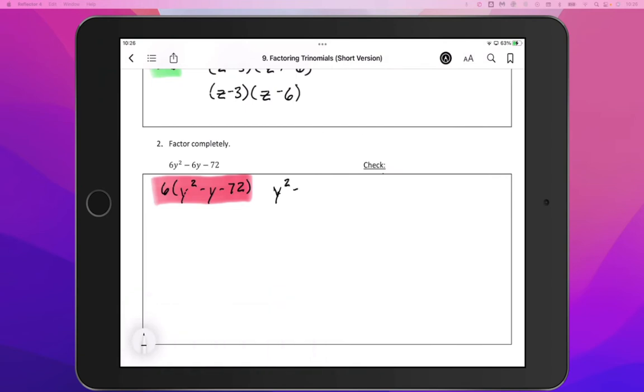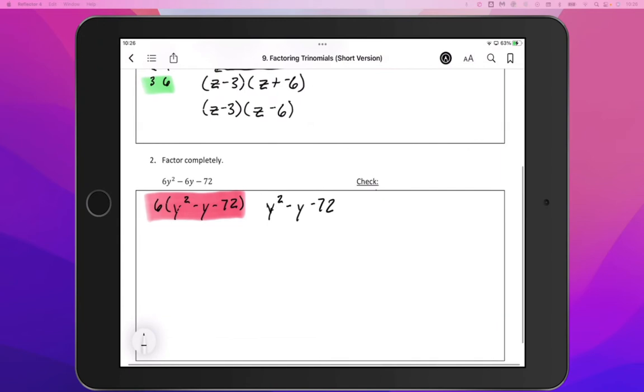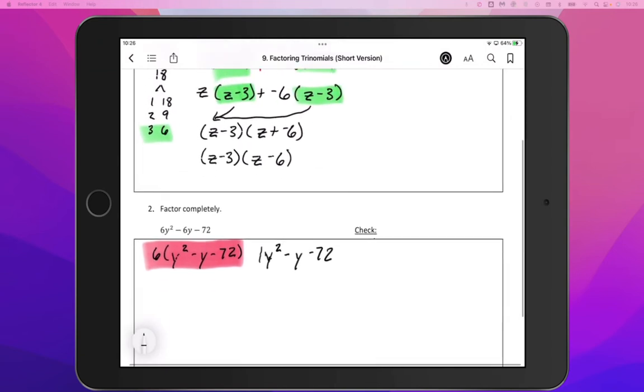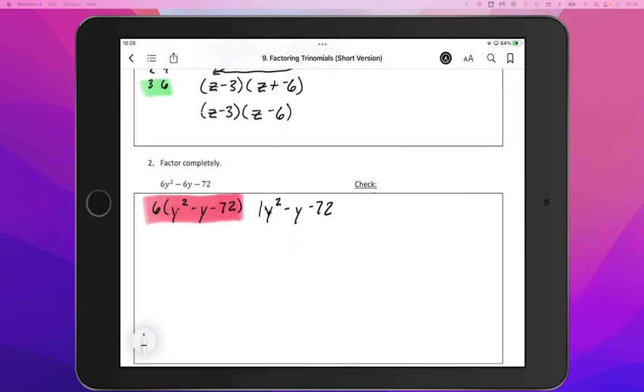So we've got y to the power of 2 minus y minus 72. Now, remembering the AC method, we've got our a term right here is a 1, and we have negative 72. So we need to do 1 times 7. That's not 72 if I divide by 6, right? Darn.